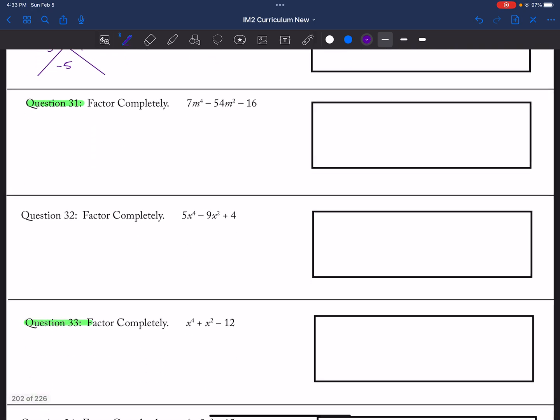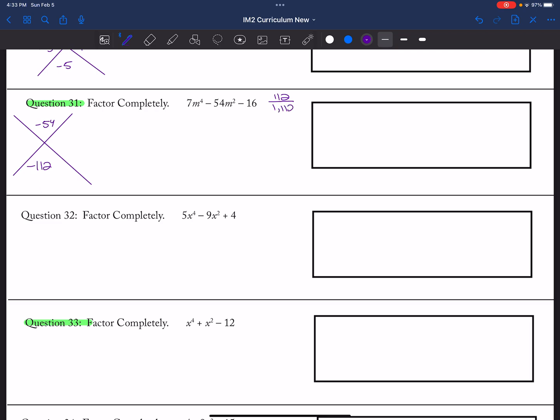So we have to do a bottoms up situation here. So negative 54 on the top. 16 times 7 for 112 on the bottom. And it's negative. So now we need factors of 112.